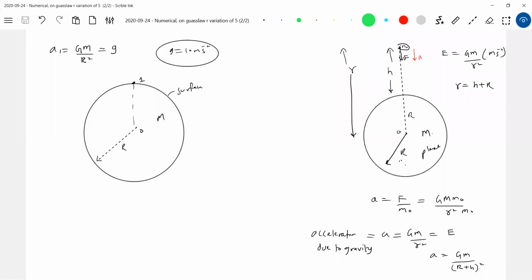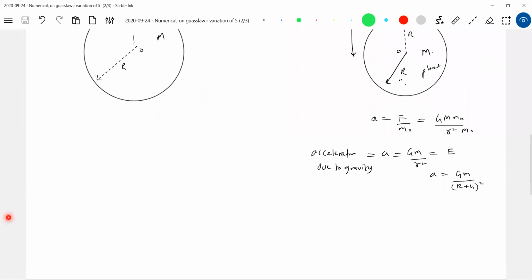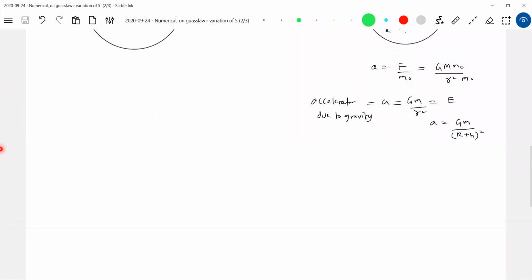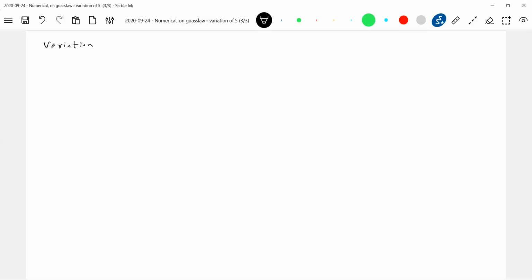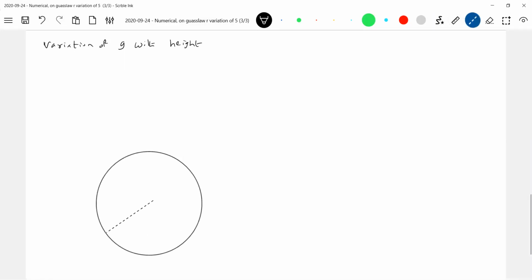First, variation of g with height. Let me put in a fresh page. Variation of g with height. So let me take this one.